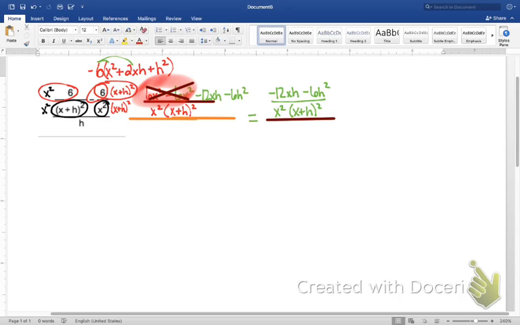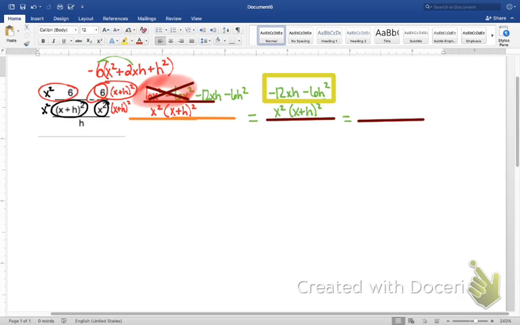Now I'm going to go even further. Can I factor anything out of that right there? Negative 6 and what else? An h. So again, I'm just working the top. I'm going to get the top as simplified as possible before I start multiplying anything.